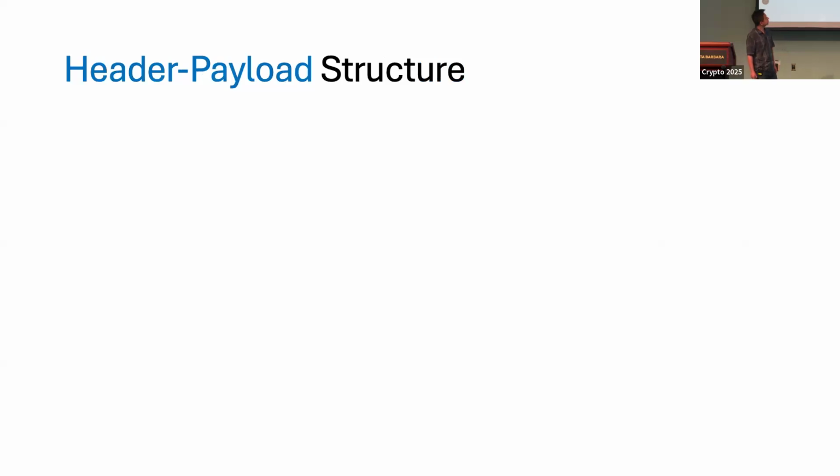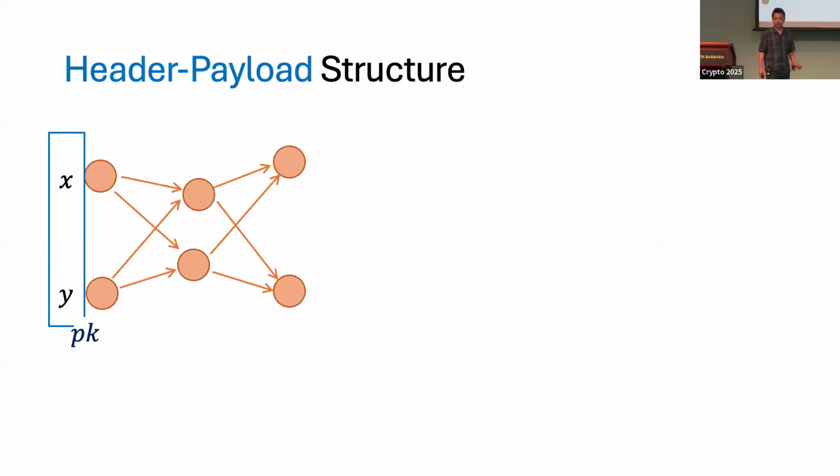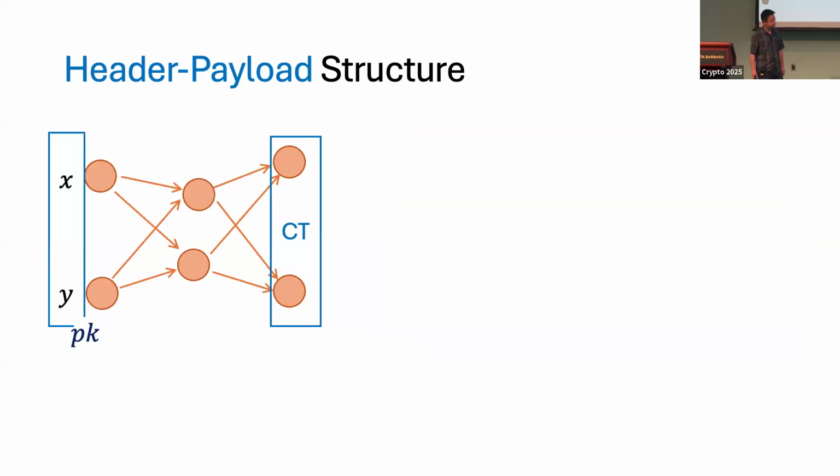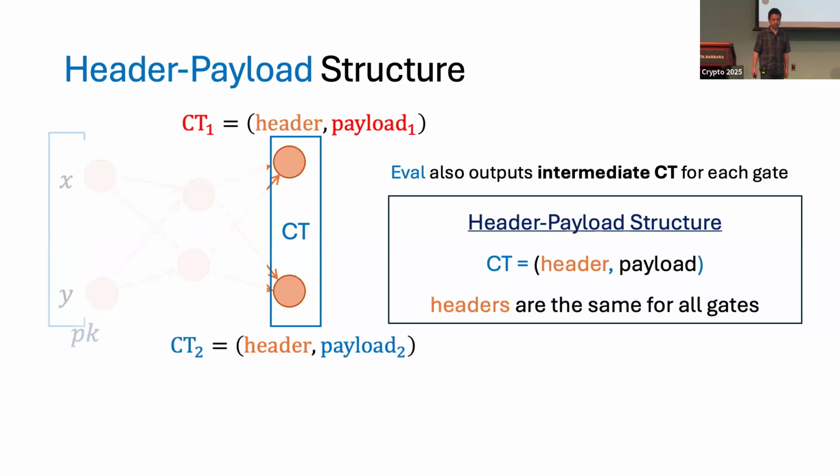So what we do is that given any ciphertext, when we evaluate on this ciphertext, we ask the homomorphic evaluation algorithm to also output the intermediate ciphertext for each gate in the circuit.